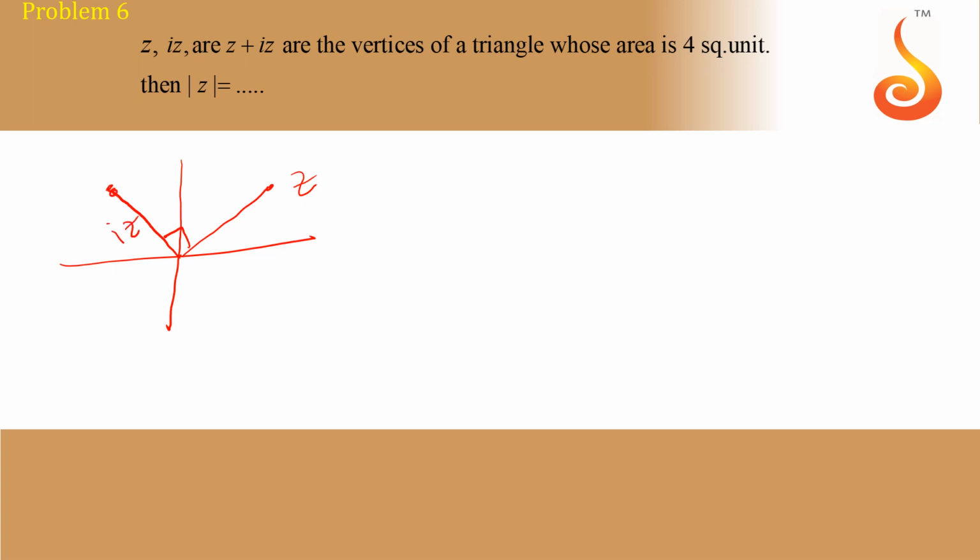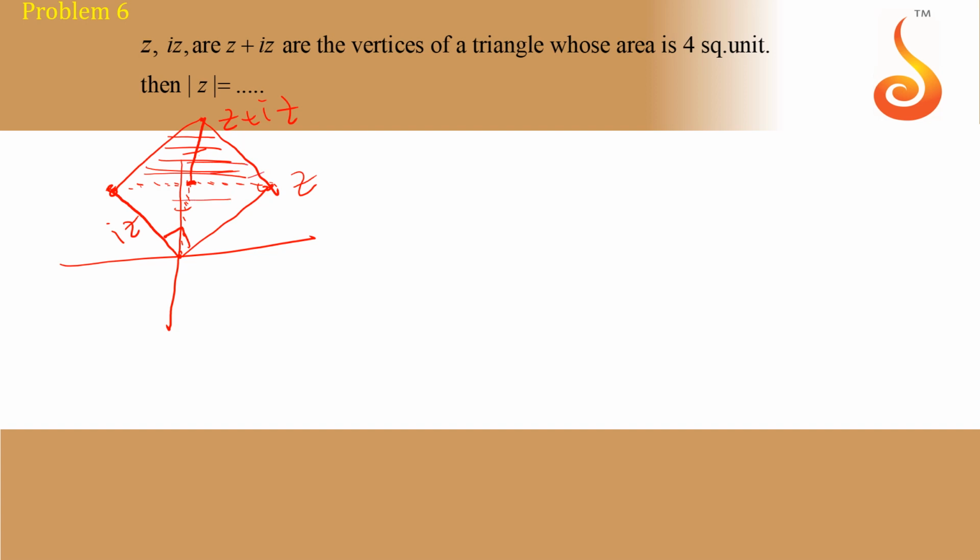This is iz. Then if you join these two, the midpoint of these two will be z plus iz by 2. Then from the origin, if you join that midpoint and extend it equally, then this will be z plus iz. So this is the triangle whose area is given as 4 square units.